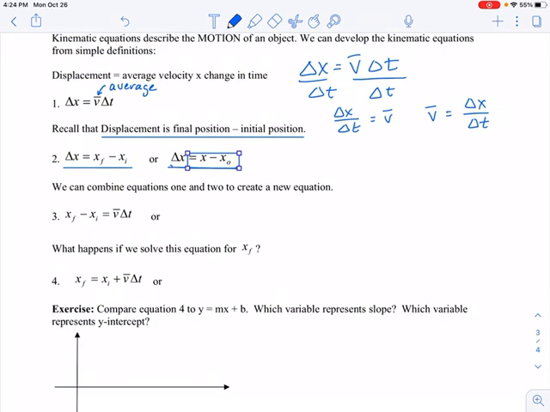Okay, so now I'm going to practice making a substitution. I'm going to take this formula for displacement and plug it in for delta x. So look at what happens. Instead of writing delta x, I'm going to write final minus initial position, or x minus x sub O, equals v bar delta t. And then I'm going to solve that equation for final position, otherwise known as x.